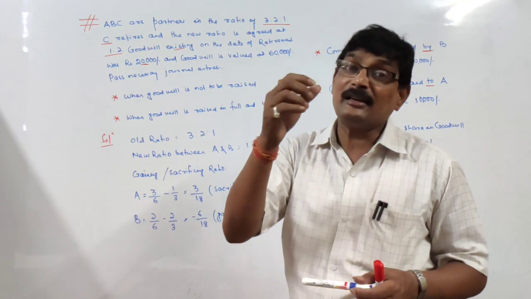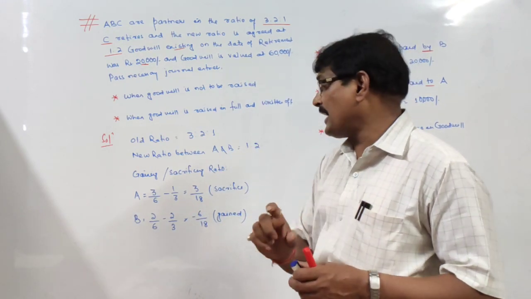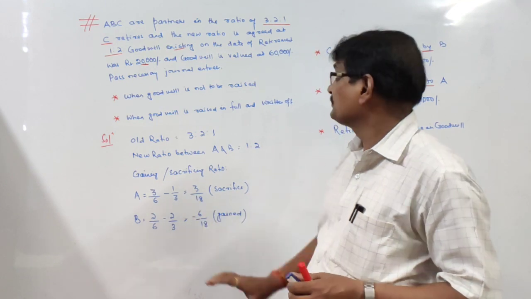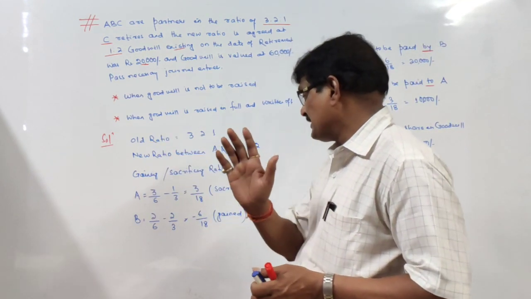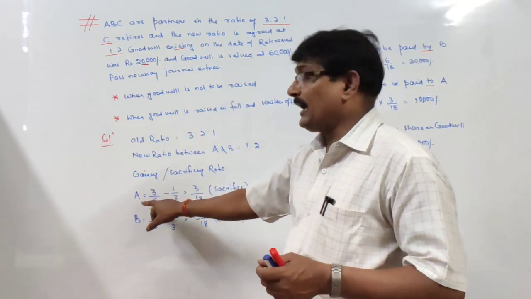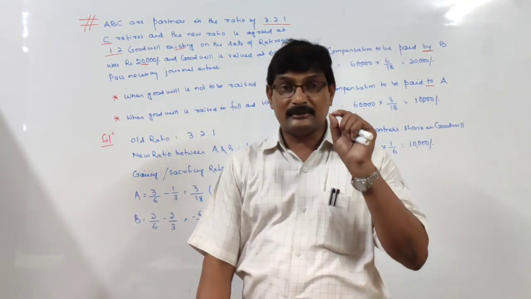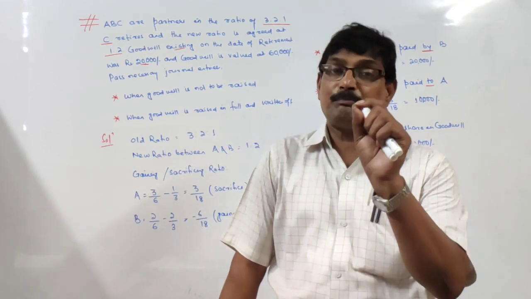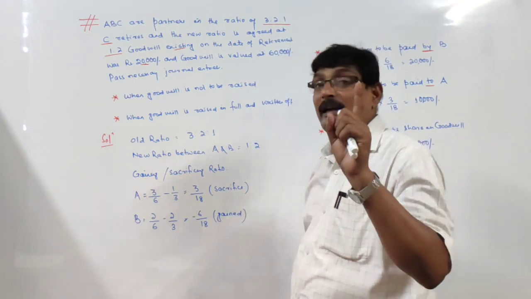C is retired, and out of the two partners, A and B, B gained. C will be compensated because he is retiring. A will be compensated because he is sacrificing. And who will compensate? The gaining partner. In this case, B is the gaining partner, means B has to compensate both A and C.